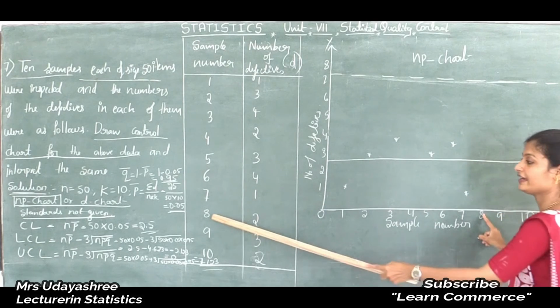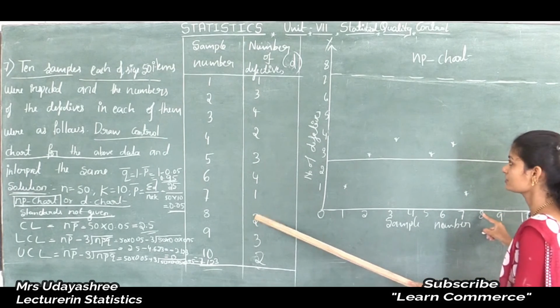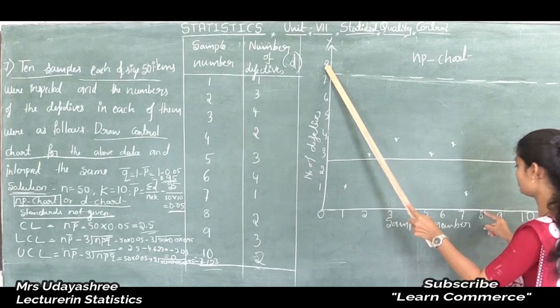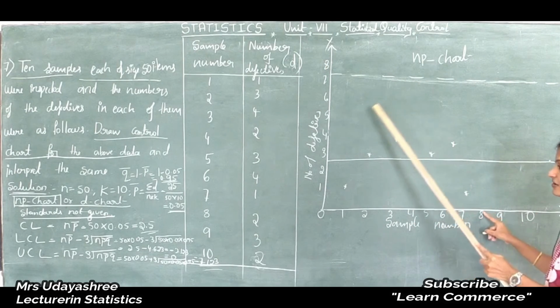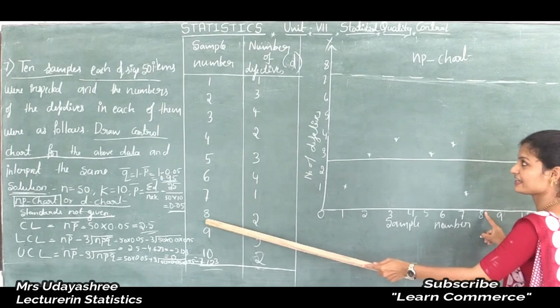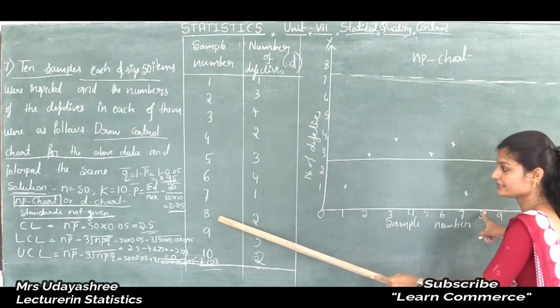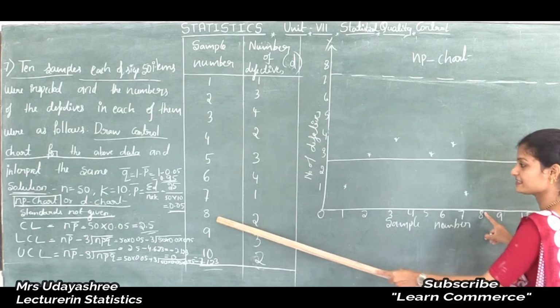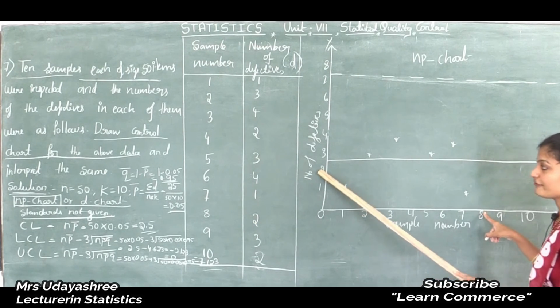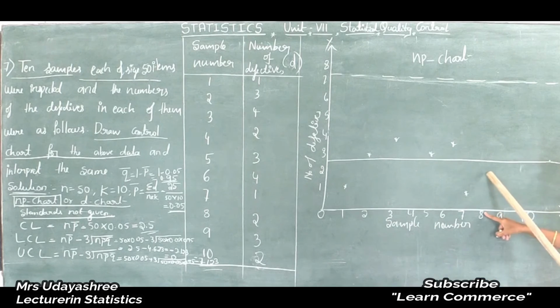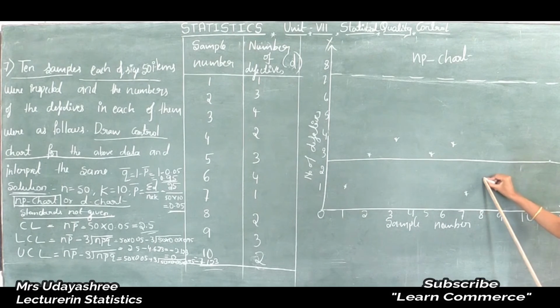Next, 8 and 2. I am sorry, this is the sample number, isn't it? So sample number 8 is here and your number of defectives is 2. See, number of defectives 2 is here. That place is here. So here I will put one mark.